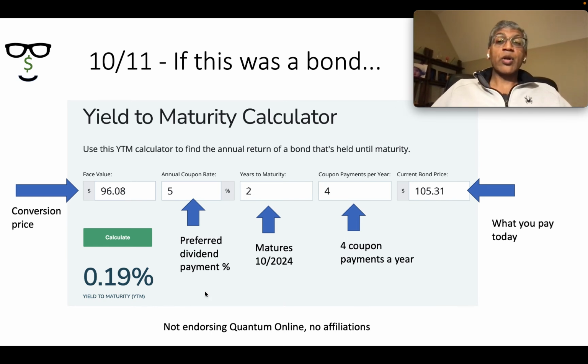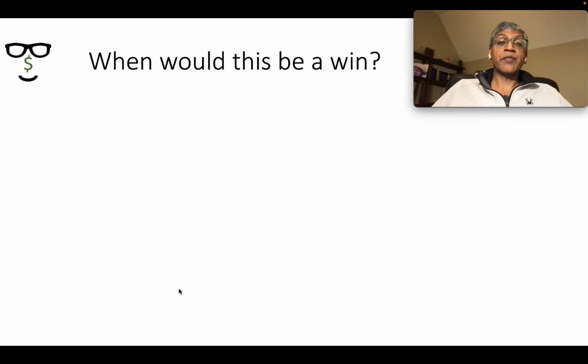The reason it's a low number is the 5% yield that you get is mostly frittered away in the premium over 100 or the premium over the par value. And so even though you get the $5, even though you convert today, the net effect is a pretty poor yield to maturity, something that'll easily be beaten by treasuries, let alone anything else at this duration.